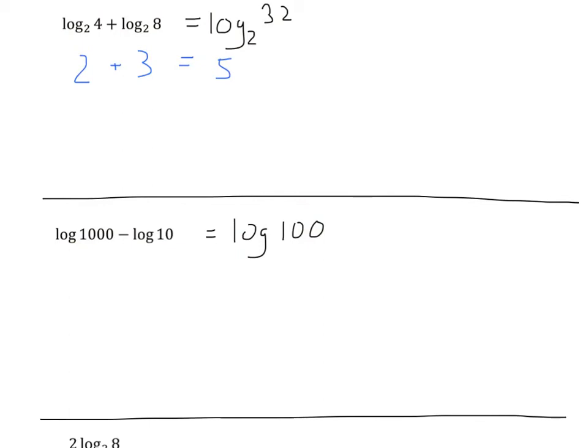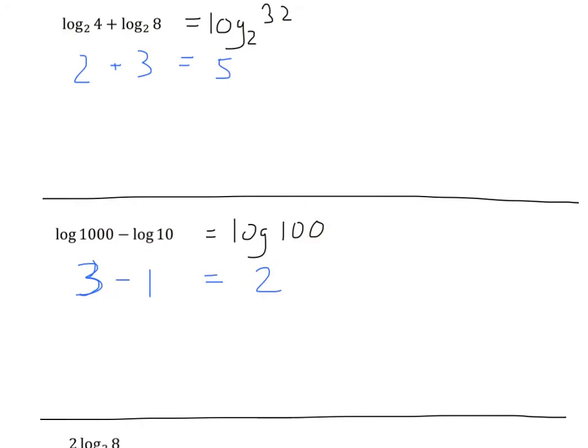Well, we know these logs. What's log base 10 of 1,000? That's 3, because 10 cubed is 1,000. And what's log base 10 of 10? That's 1, because 10 to the first power is 10. And what's log base 10 of 100? That's 2, because 10 squared is 100. And again, this is true: 3 minus 1 is 2.